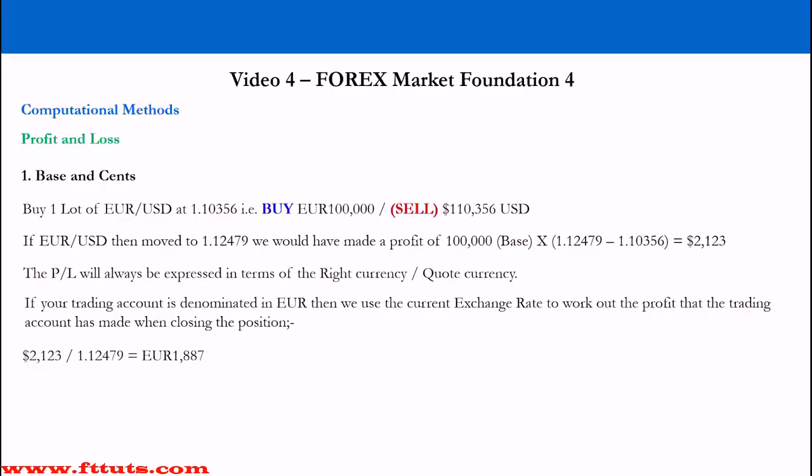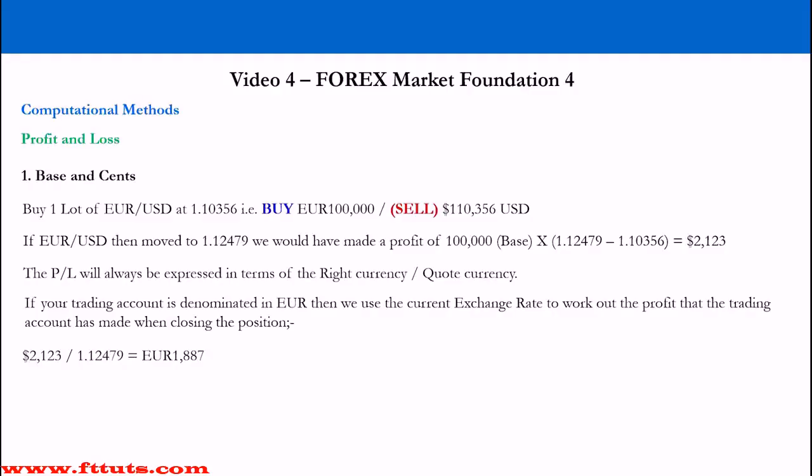And you can see that the profit is expressed in dollar terms. This is always the case. The P&L and exposure, as we saw earlier, will always be expressed in terms of the right-hand currency, the quote currency. Now, if your trading account is denominated in the base currency, in this case the euro, then we use the current exchange rate to work out the profit that the trading account is going to make in base currency terms.